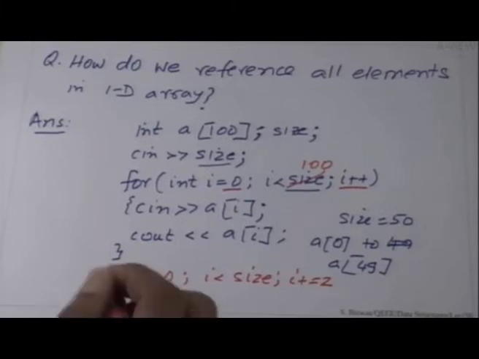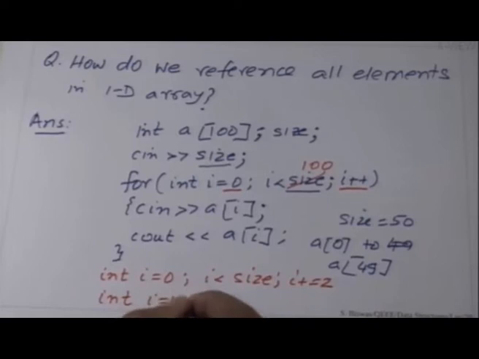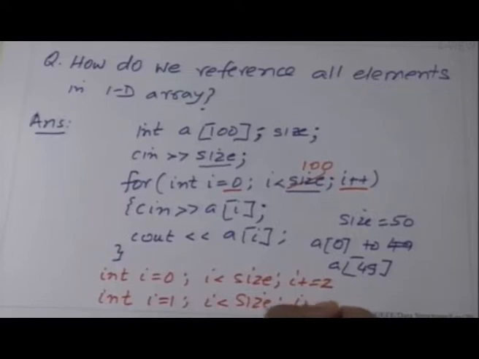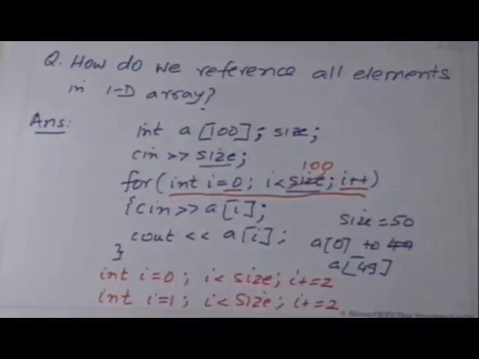If you wanted to read all the odd locations of the array, I could have started like this and I would have done it. So the point is, depending on what you want to do, you can set up these parameters appropriately to read all elements of the array or any pattern of elements that you want, odd, even, or whatever else you want to read.